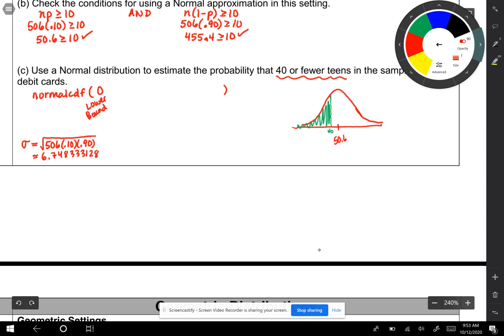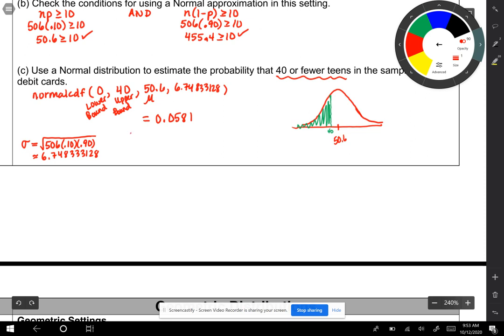Your upper bound is 40. Your mean is 50.6. And your standard deviation is 6.74833128.